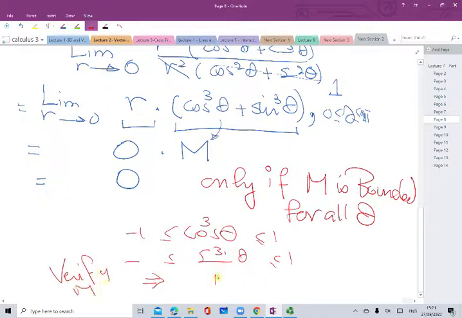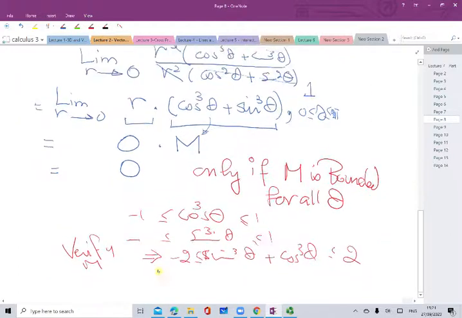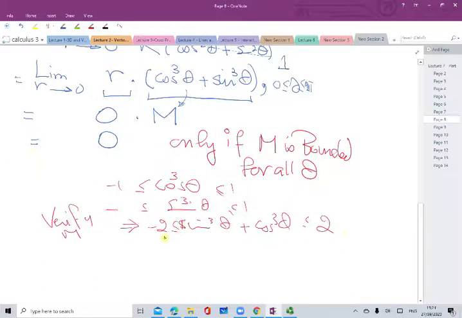This bracket, sine cubed theta plus cosine cubed theta, is bounded above by 2 and below by -2. Any bound doesn't necessarily have to be tight; all I care about is whether the bounds are finite. Then yes, I'm sure that this is equal to 0.